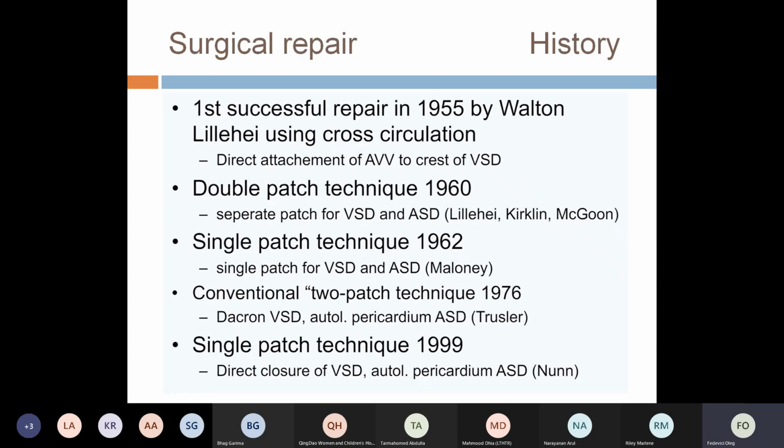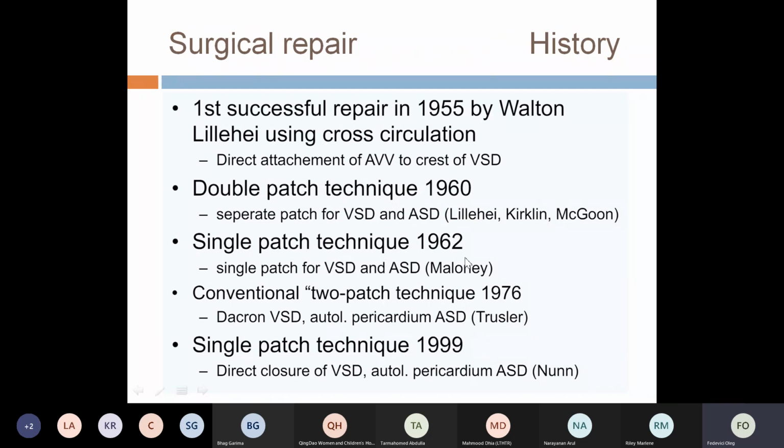So if we talk about surgical repair, I'd like to go through the history just briefly. The first successful repair was done in '55 by Walton Lillehei using his famous cross circulation, and he directly attached the AV valve to the crest of the VSD. In 1960, the same surgeon Lillehei developed the two-patch, double-patch technique with separate closure of VSD and ASD.